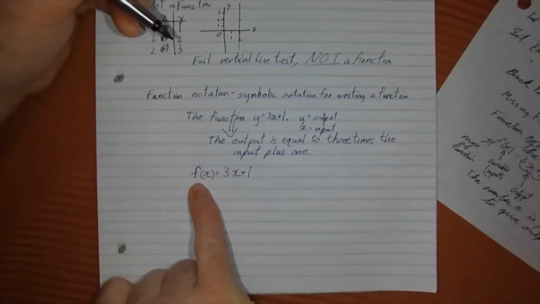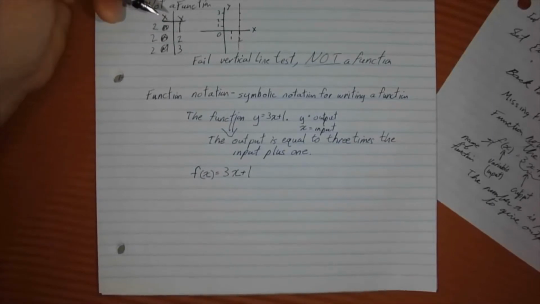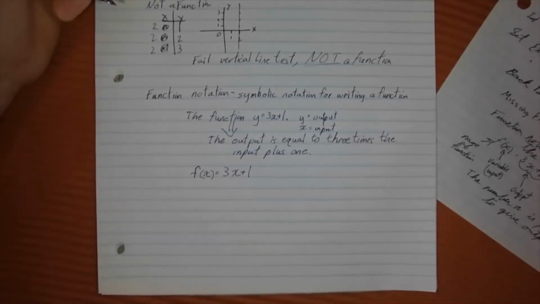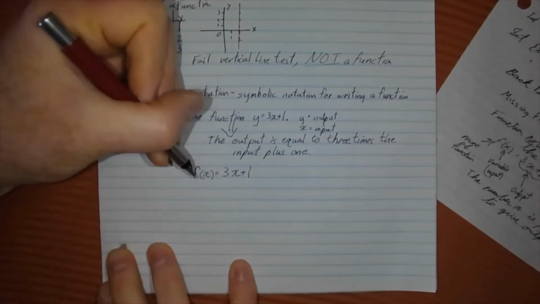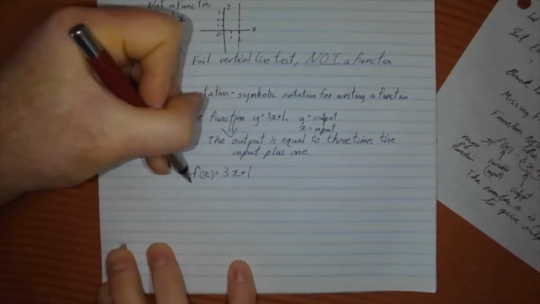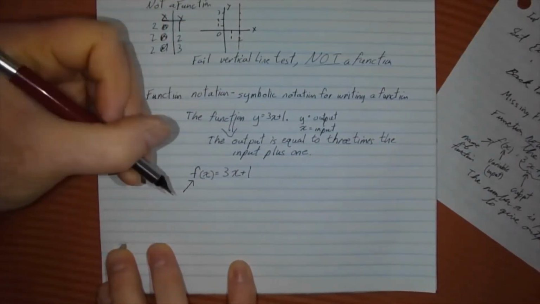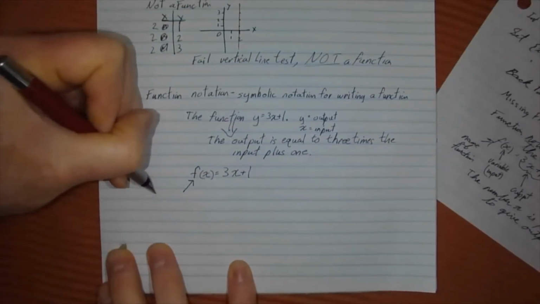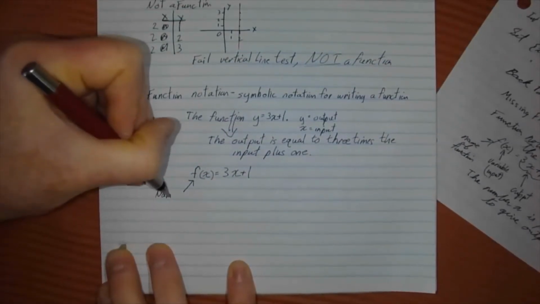The function of the machine is to get your output. I don't call it my warming bread machine. I call it my toaster. I call it what it's going to be an output of. So this is the name of the function. I can call my function any letter I want. I'm going to stick to f just to keep it simple for now.